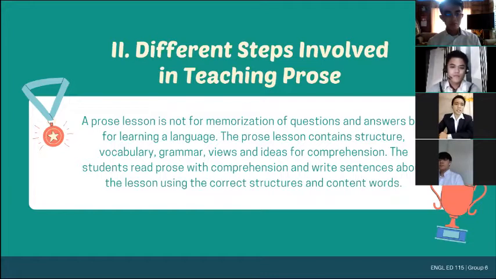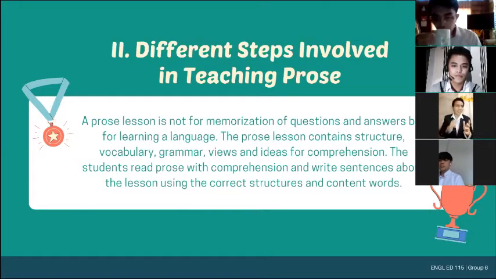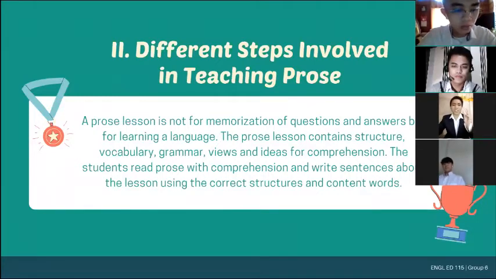The students read prose with comprehension and write sentences about the lesson using the correct structures and content words. We will know more when we go to the next slide.